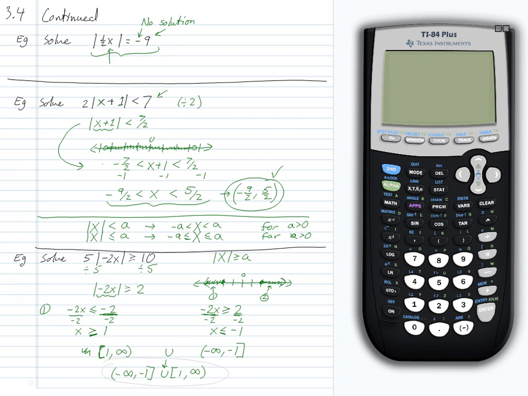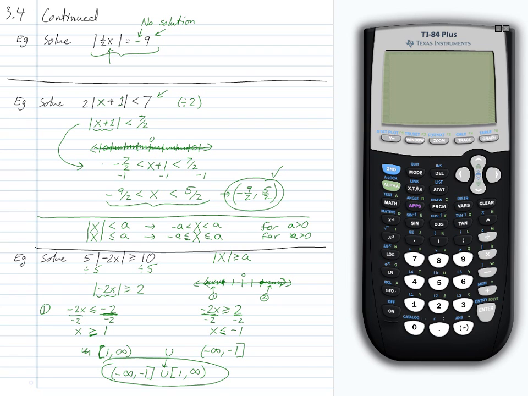Then you might check for the x values that aren't in this set. So if you wanted to check 0 or negative 1/2 or 1/2 or 0.9, you should not satisfy the inequality. So anything that's not in this interval should not satisfy the inequality, and everything that is in this interval should satisfy the inequality.